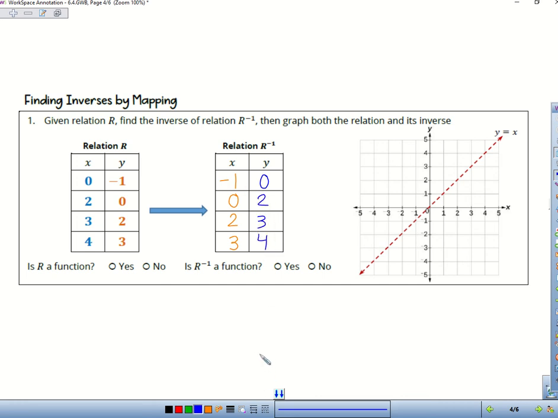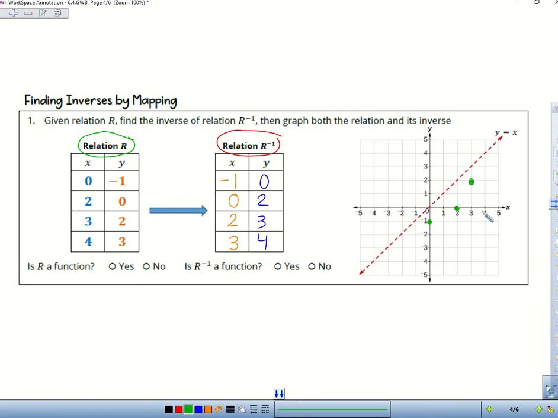Now I'm going to go ahead and graph both of these, and I'm going to graph the first one in green, and I'll graph the second one in red so you can follow along. So in green, we have 0, negative 1. We have 2, 0. We have 3, 2.